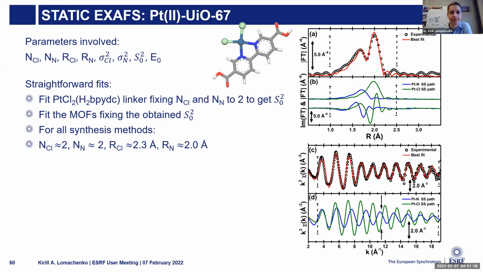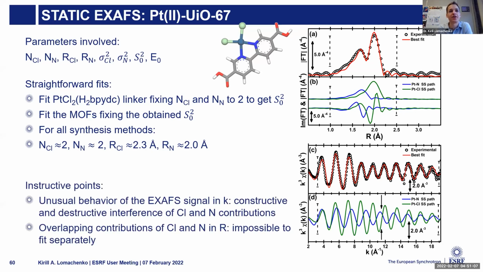So it's still there. Here, the instructive point is the unusual behavior of the EXAFS signal. Usually we are used to the fact that it decays with k. But here in panel C, you see that for quite a large k range, from say k=8 to k=18, the amplitude is constant, it does not change.